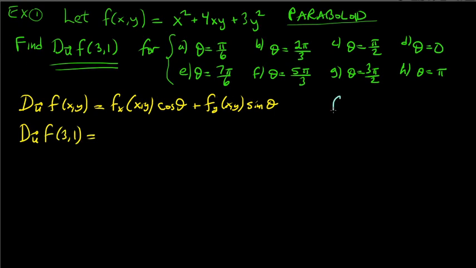Oh, before we do that, maybe we should calculate the partial derivatives, right? So what's the x partial derivative? So 2x plus 4y. Right? And then the y partial is going to be, let's see, 4x plus 6y.